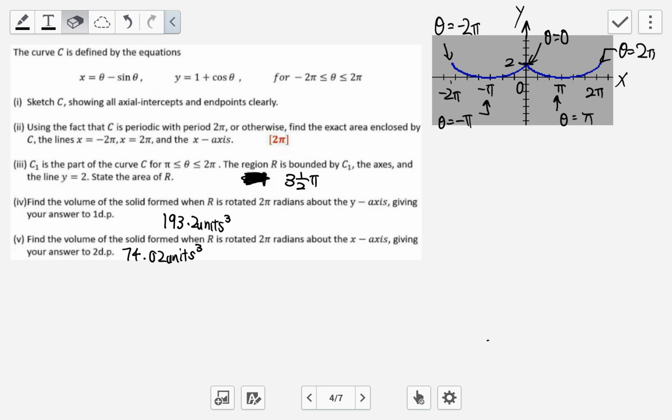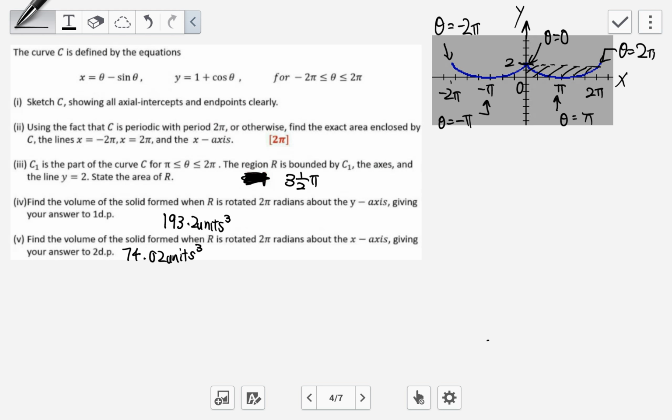The area that I want is, okay, they say that the C1 is for x with theta between pi and 2 pi, that means the curve is just this part. Ignore this part, there's no more this part. And the region bounded by this C1 is just here, the axis, and the line y equals 2. So that means we want the entire area over here.